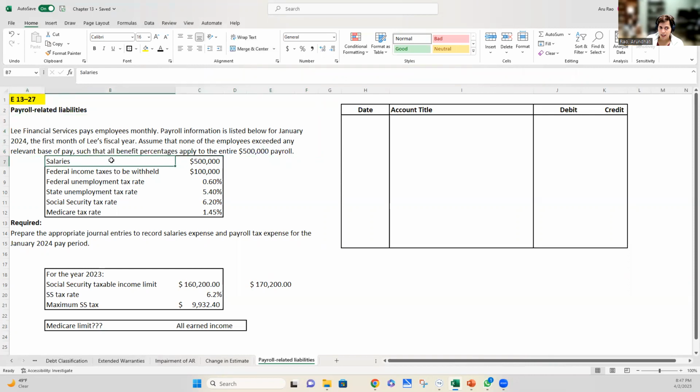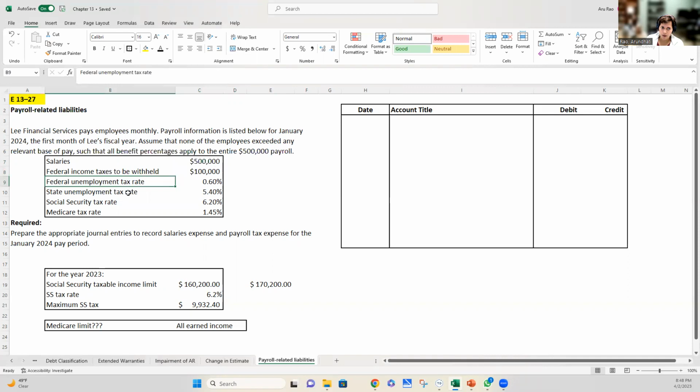So basically what they're saying is no one employee made more than this $160,200. So all of it is subject to that Social Security tax and obviously the Medicare tax. I have withheld $100,000 of this on behalf of my employees. I withheld it for federal taxes.